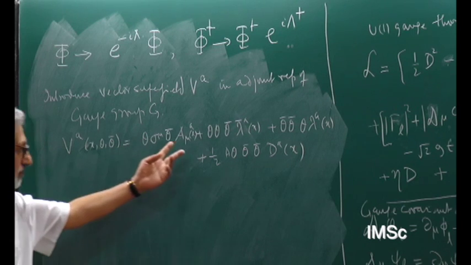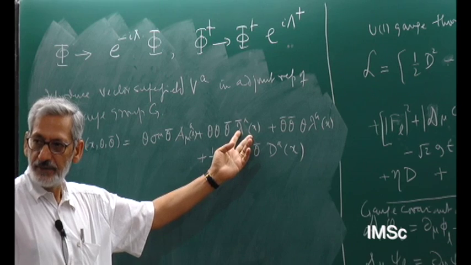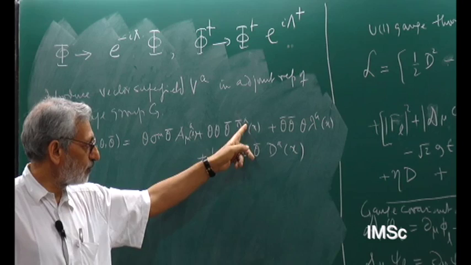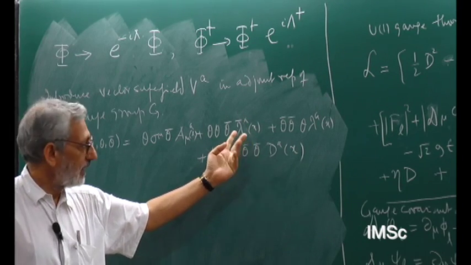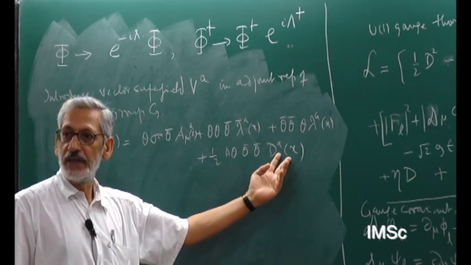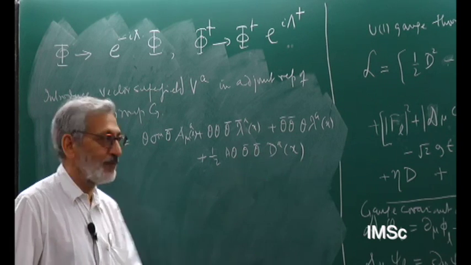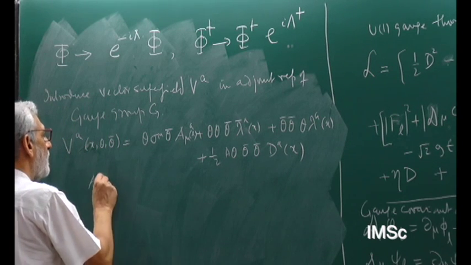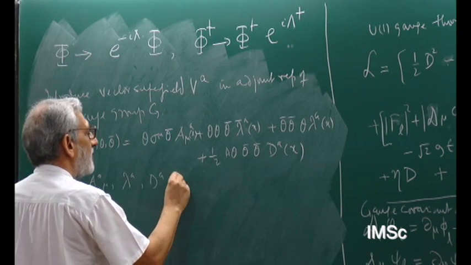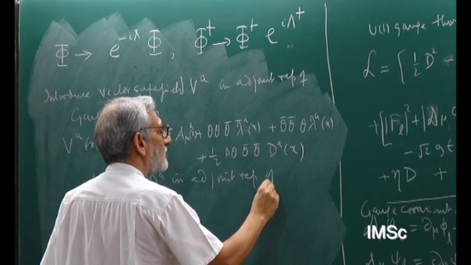So the gauge field in the adjoint representation, fermionic partner in the adjoint representation of the gauge group, and its conjugate, and an auxiliary field in the adjoint representation of the gauge group. So let me write in words: A_mu, lambda, D^A in the adjoint representation of the gauge group.